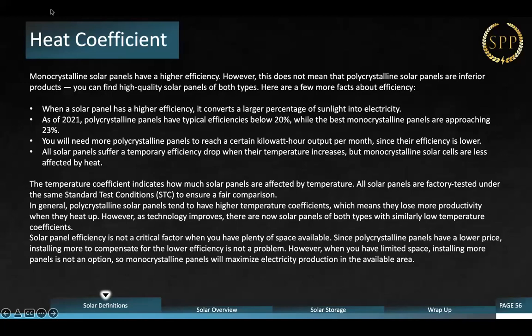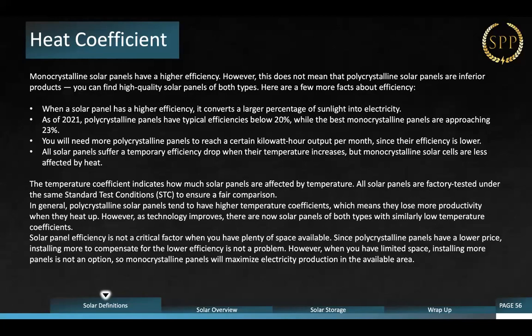Okay, let's learn about heat coefficients. Monocrystalline solar panels have a higher efficiency. However, that does not mean that polycrystalline solar panels are inferior products. You can find high quality solar panels of both types. Here are a few facts about the efficiency. When a solar panel has a higher efficiency, it converts a higher percentage of sunlight into electricity.